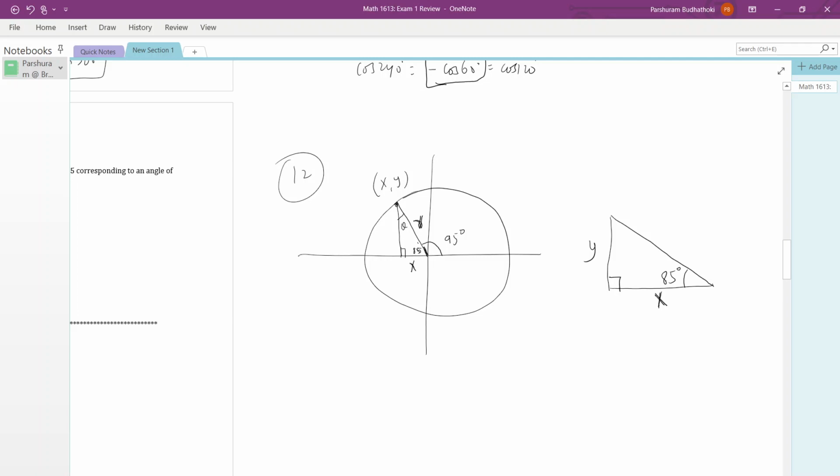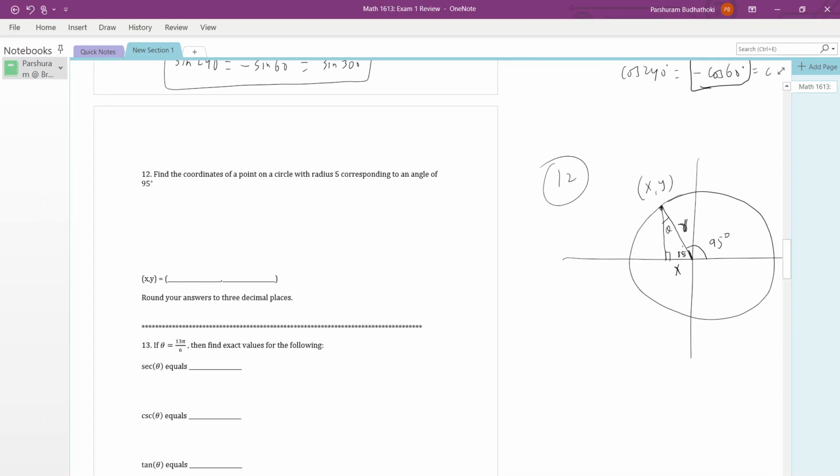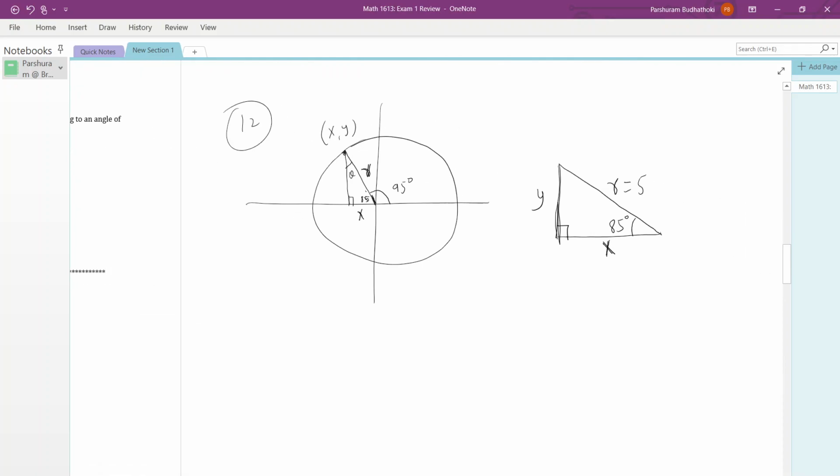So I just have to use this value here, and this is the radius. I just have to use this right angle triangle and the radius, which is given here as 5. I'm going to use this 85 degrees, 5, x and y, and find the value of x and y.